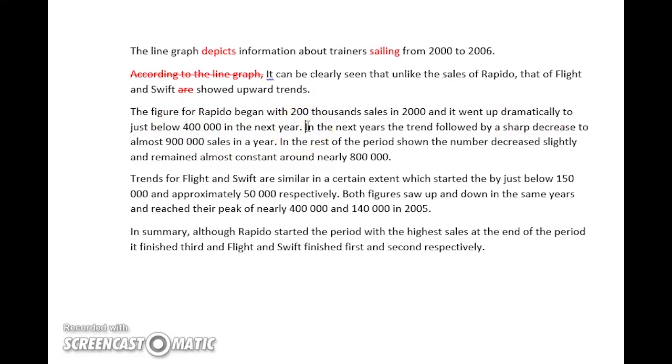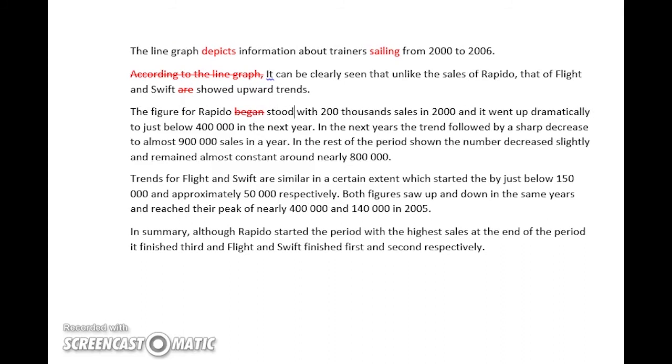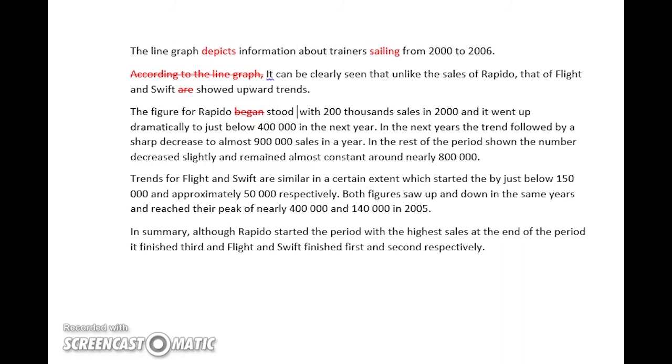It would be much more appropriate if we said the figure for Rapido not began, but stood at 200,000 sales in 2000 and it went up dramatically to just below 400,000 in the next year.